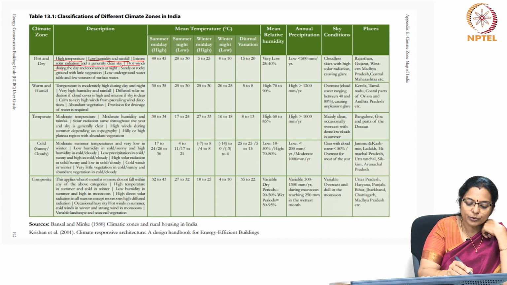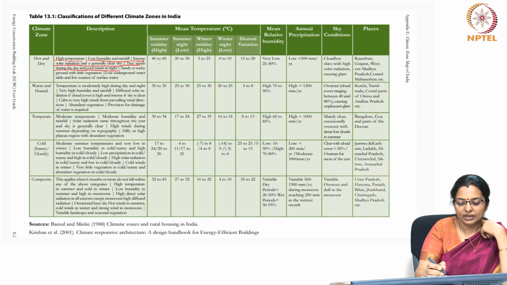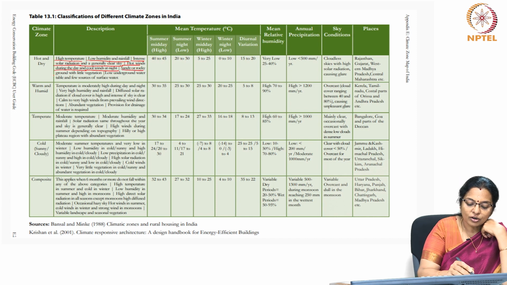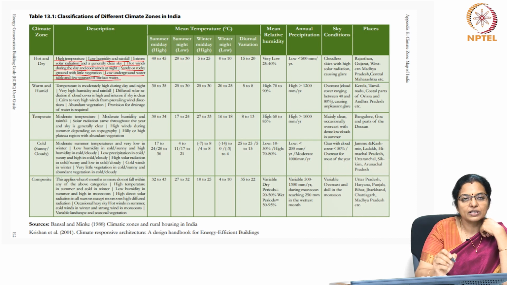Hot winds during the day and cool winds at night. Sandy or rocky ground with little vegetation. Water is a huge issue. So, they have a low underground water table and very few sources of surface water.